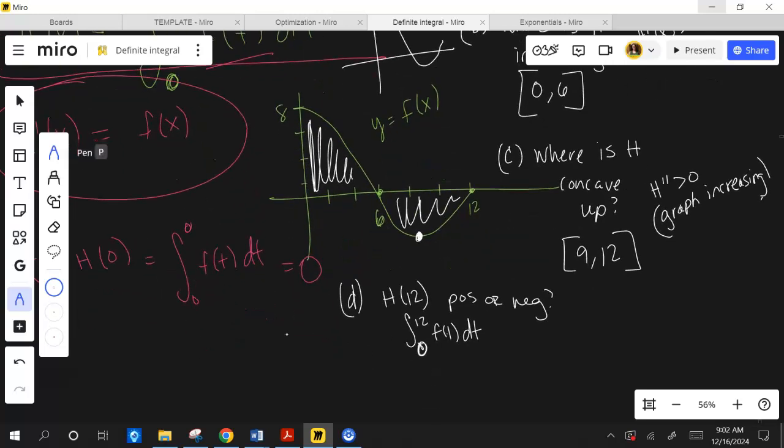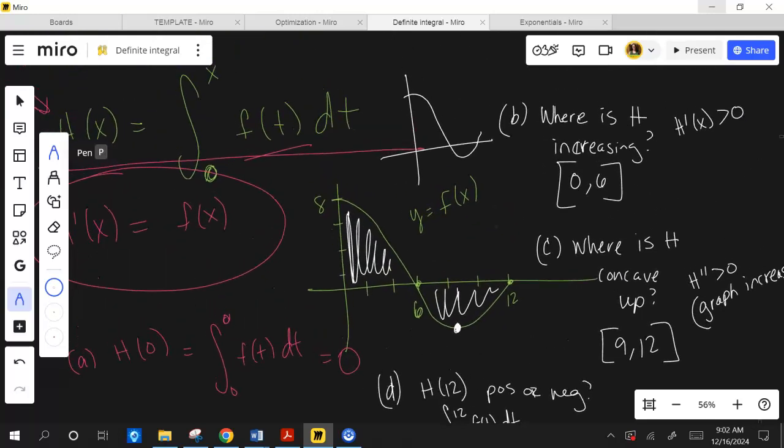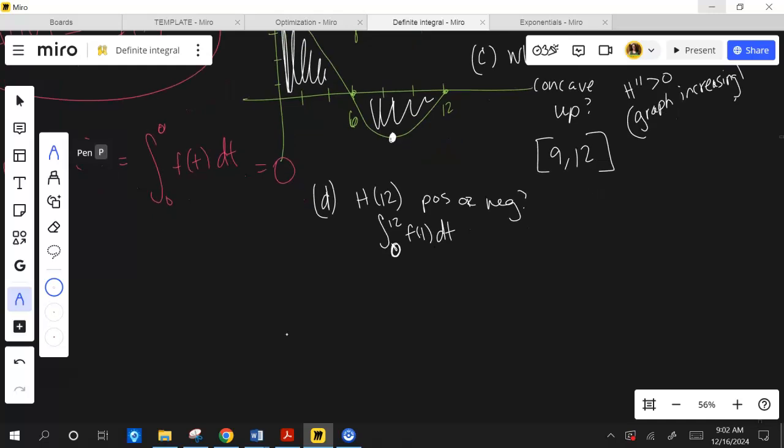How to explain why? We're not looking at slope this time. Think about this for just a second. That is the area under the curve from 0 to 12. If it's above the x-axis, it's positive. If it's below, it's negative. So if I add those together, what happens?